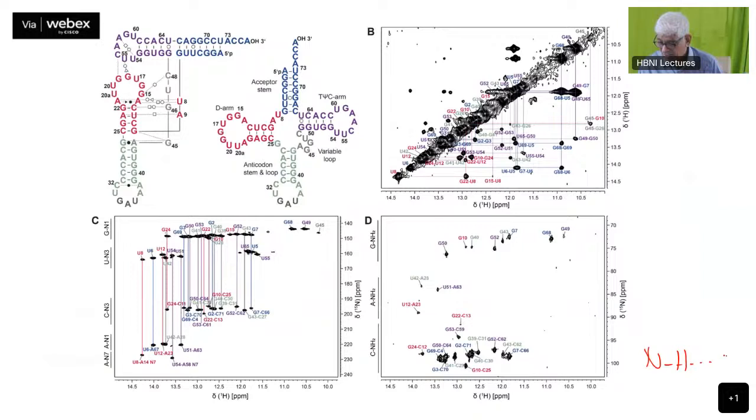Suppose this is the U and this is the A. Let us say this is U8, this is A14, this is the base pair. So this imino proton shows a correlation to this and also to this. So you will see two peaks, and that is what is shown here. In each of these cases, you will see two peaks.